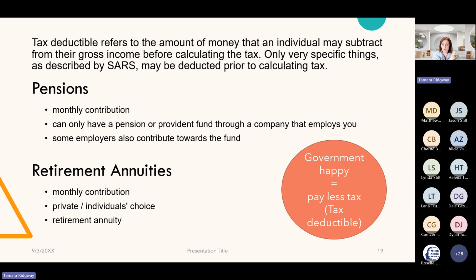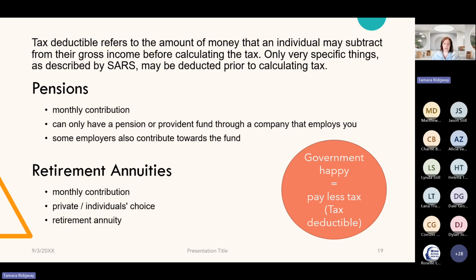I had already taught retirement annuities previously, so they have an idea of what it is, but now it's quite nice for them to see how it all fits together. Tax deductible refers to the amount of money that an individual may subtract from their gross income before calculating the tax.